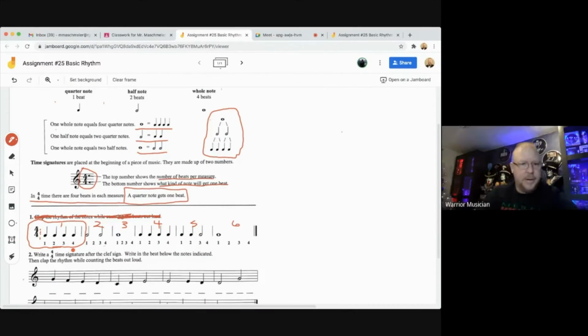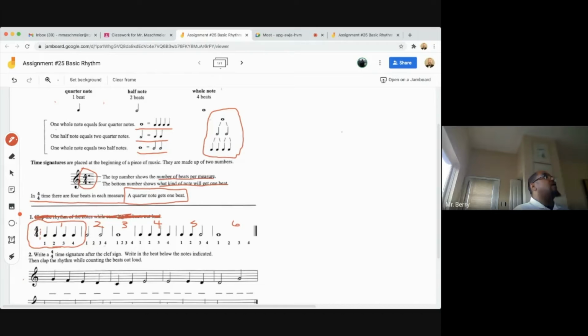4. Very good. So it's very important that you understand that we have 4 beats per measure. So you have to represent every count inside of the measure. That's why for number 1, we see 1, 2, 3, 4. We have a note on beat number 1, and that note is a quarter note.